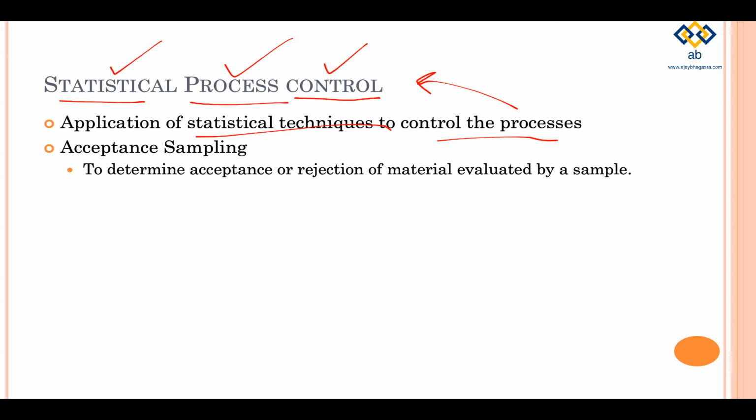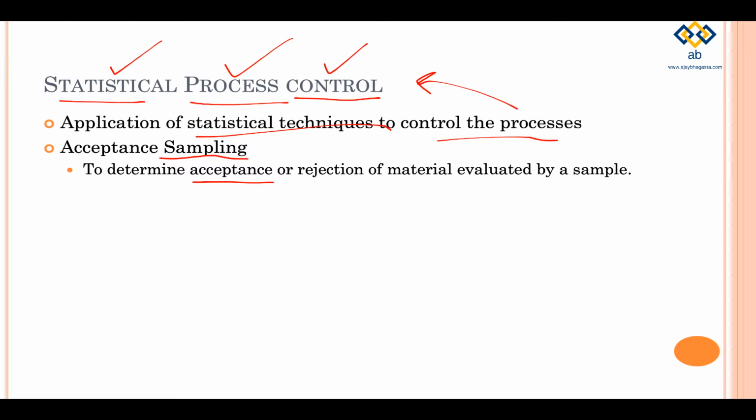In that, we will be talking of something called acceptance sampling. In acceptance sampling, we either accept or reject the lot. You would have heard that if there is a faulty product reported by the consumers, the company would say that the entire lot has been recalled, right? So the lot from where the sample was taken is either accepted or rejected.